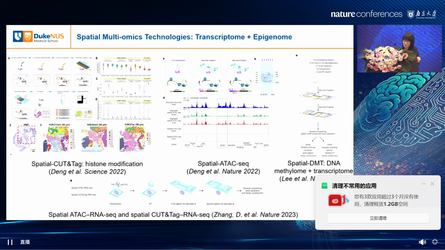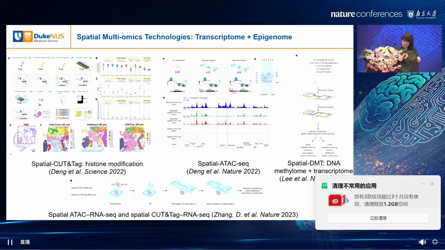So Deng Yanxiang from Rong Fan's lab has developed spatial CUT&Tag to measure the histone modifications in a spatially resolved manner. And spatial ATAC measures the chromatin accessibilities from a tissue. And later on, Zhang Di from Rong Fan's lab developed spatial ATAC-RNA-seq and spatial CUT&Tag-RNA-seq to co-profile RNA with either the ATAC-seq or the histone modification.